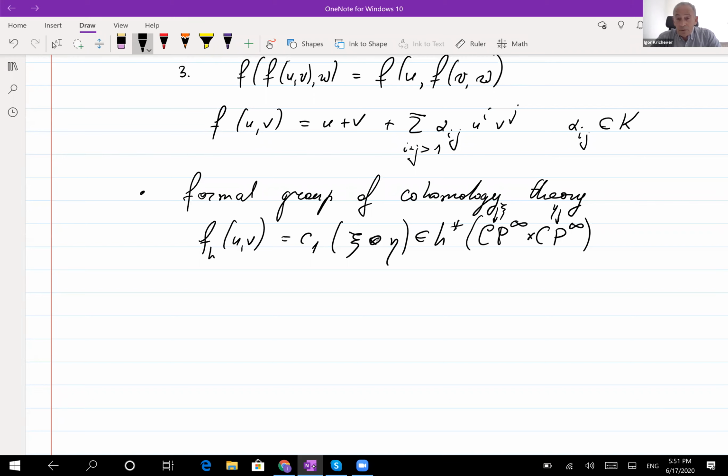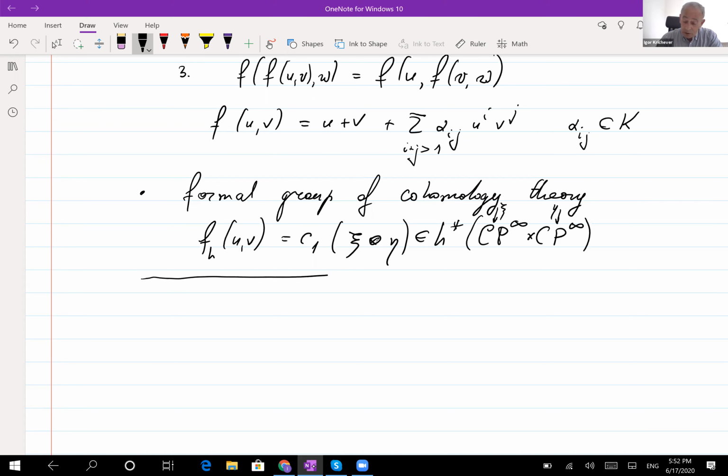We get two line bundles over the product, take the tensor product. It has a Chern class. And that is a formal group law. And as we will see, surprisingly, this formal group law almost, and in many cases completely, defines the cohomology theory. So the whole cohomology theory is encoded in this formal group of the theory.